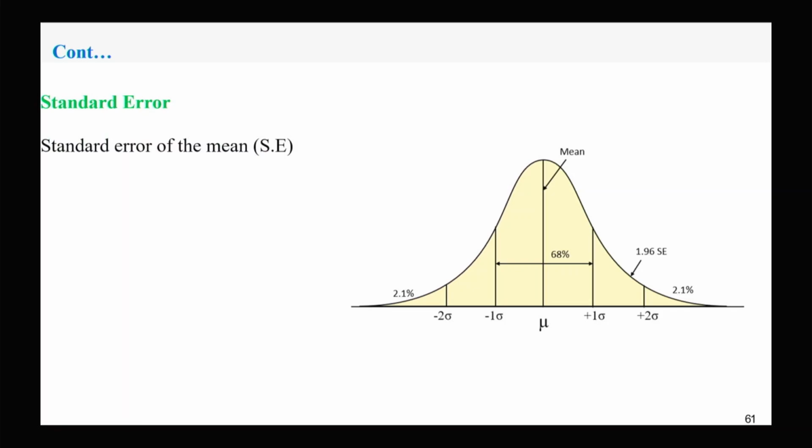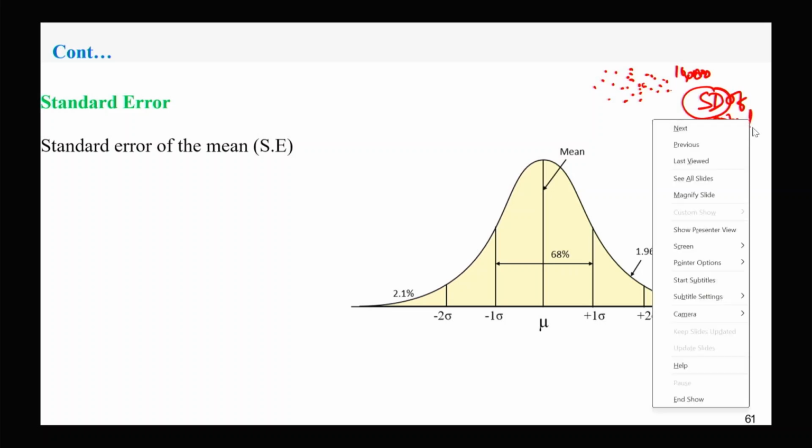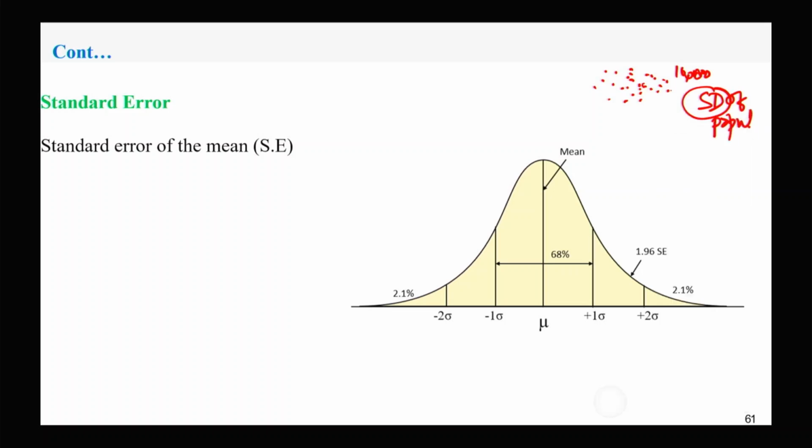In standard deviation, what we did, we took all individual data, 10,000, and we calculated the standard deviation of the population. So we can call it the standard deviation of the population.